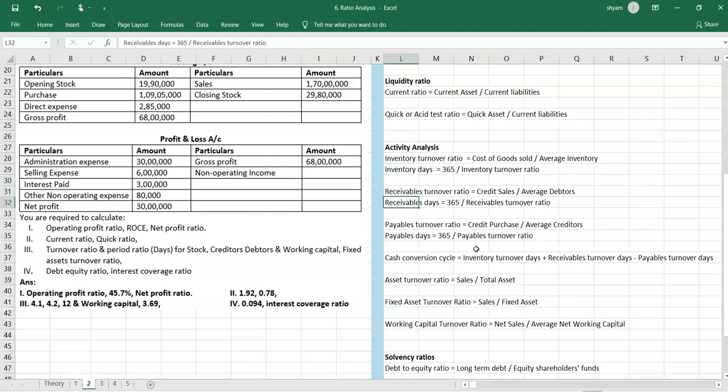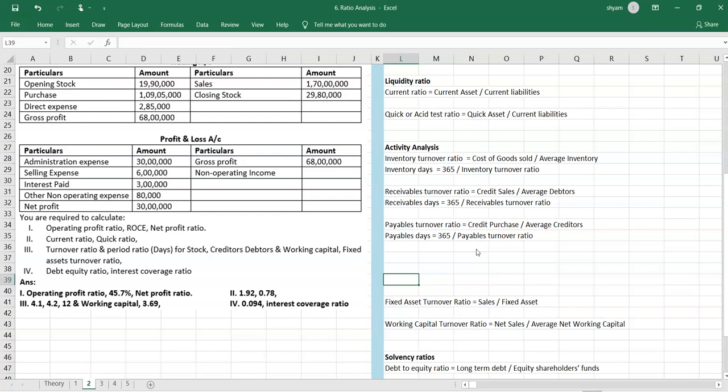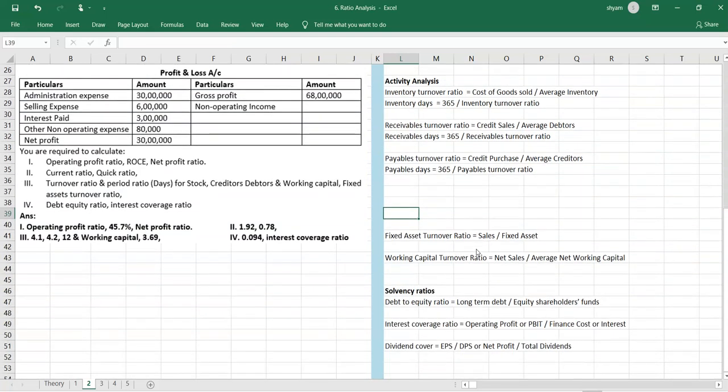Here inventory, receivables, payables are there. Conversion is not there. Then working capital and fixed asset turnover ratio, and finally debt equity ratio and interest coverage ratio. So these are the ratios they are asking, and we will work out these ratios.